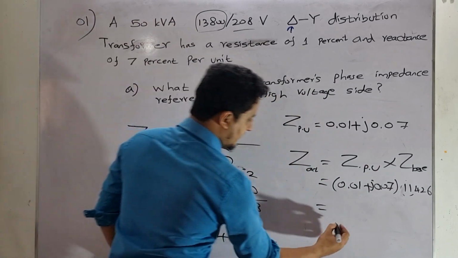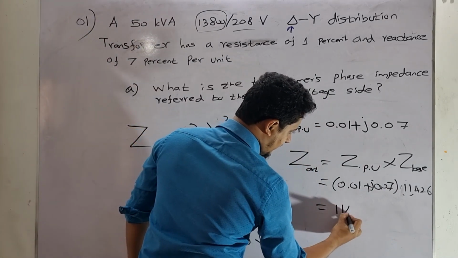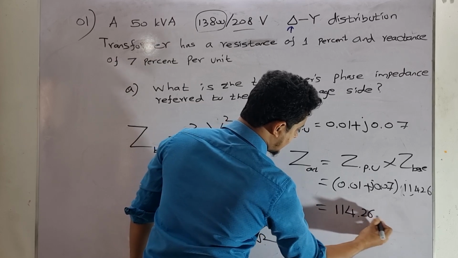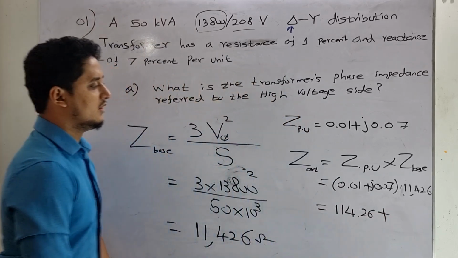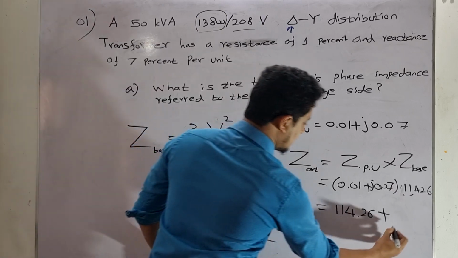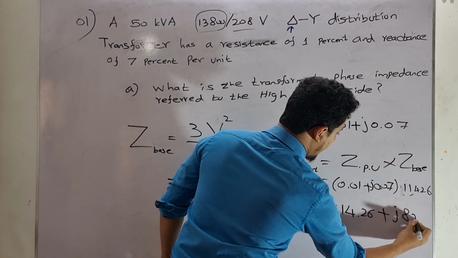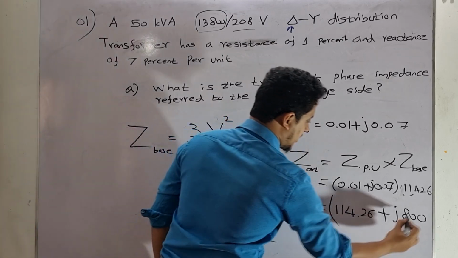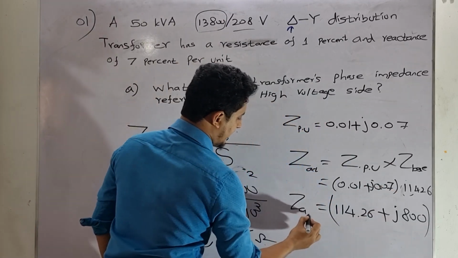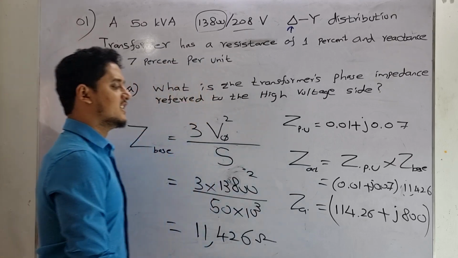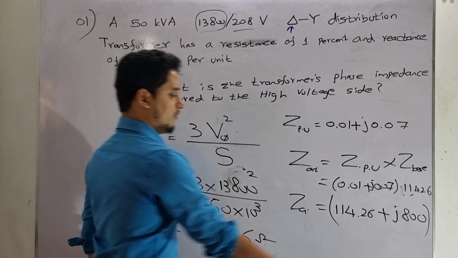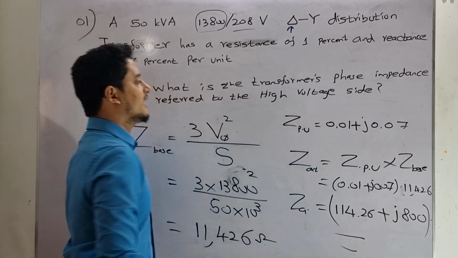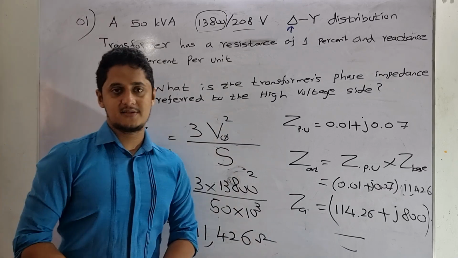From here we get 114.26 plus j800. So the actual impedance referred to the high voltage side is 114.26 plus j800 ohm.